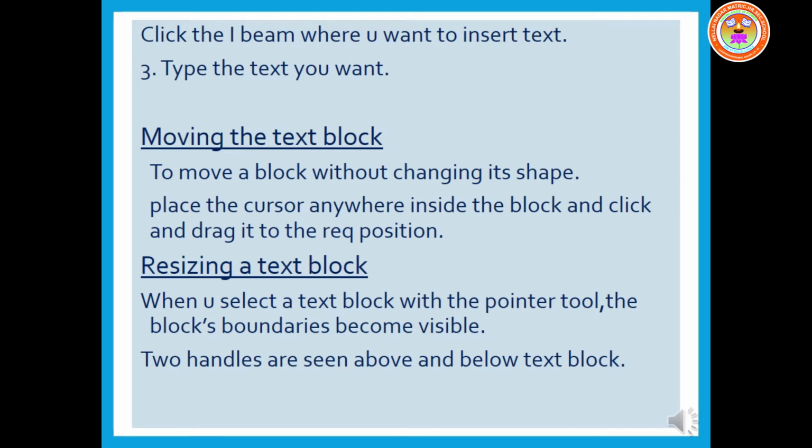Now how to resize the text block. When you select a text block with the pointer tool, then only you will be able to see the block's boundaries, as well as two handles above and below the text block. I'll show the text block, then only you are able to identify the two handles.